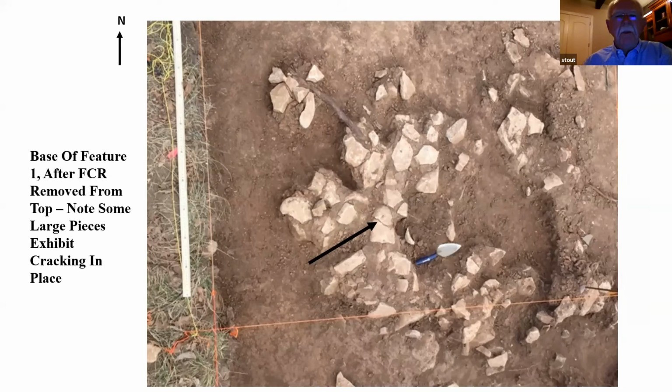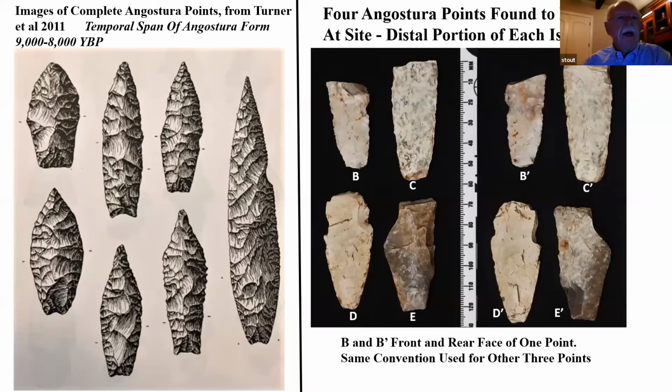And then another point form that's out there, which is actually younger than the St. Mary's, is this Angostura form. And the complete points out of Dr. Hester's Stone Artifacts of Texas Indians Lithics book shows complete points.